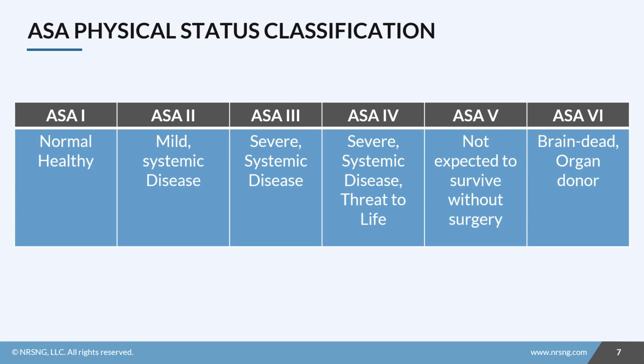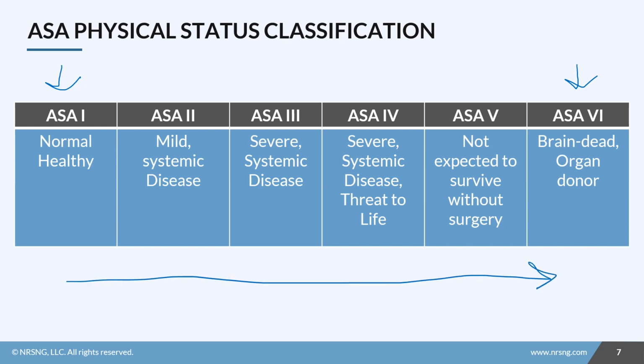So here we have a little chart that will show you the different classes in the ASA Physical Status Classification System. The levels are going to be from 1 through 6. ASA 1 is going to be a normal, healthy patient, all the way up to ASA 6, where the patient is considered brain dead and their organs are being harvested for donation.